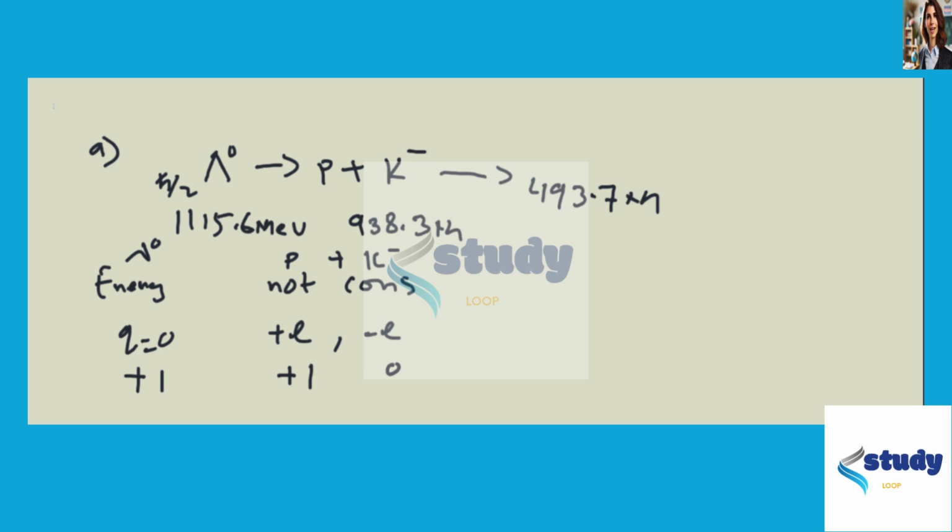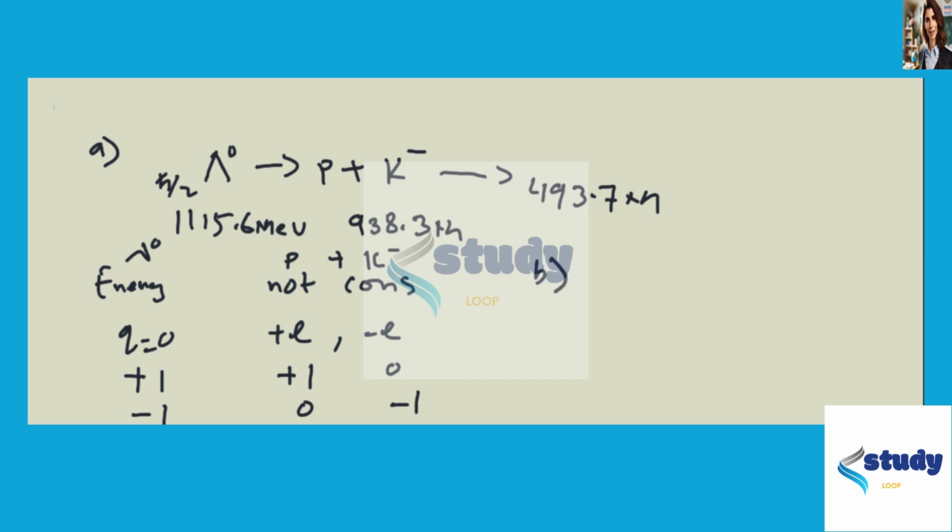Lambda and kaon each have a strangeness of -1, and the proton has a strangeness of 0. We see the strangeness is conserved. Only the energy is not conserved for part A.